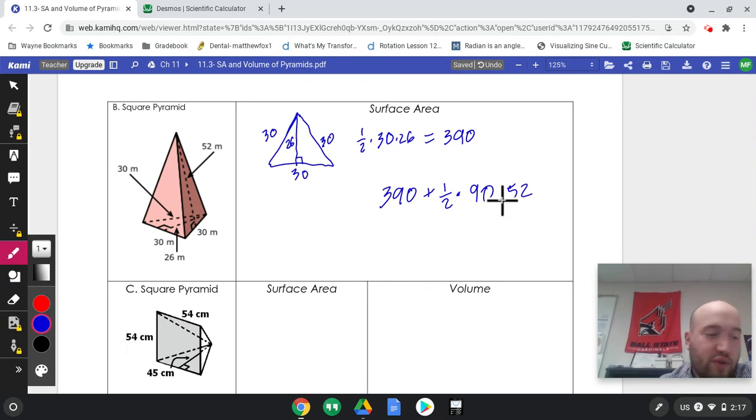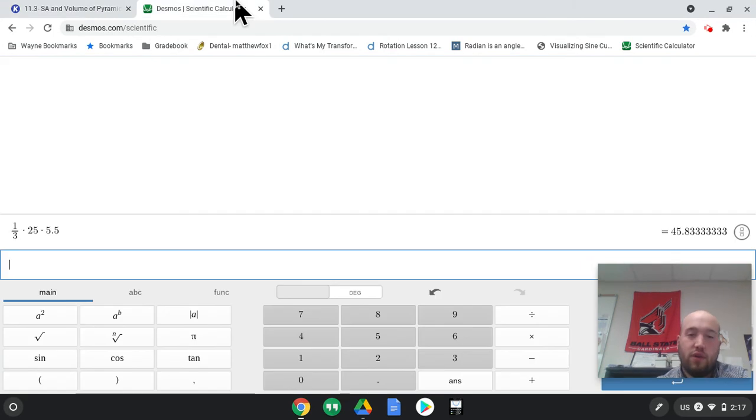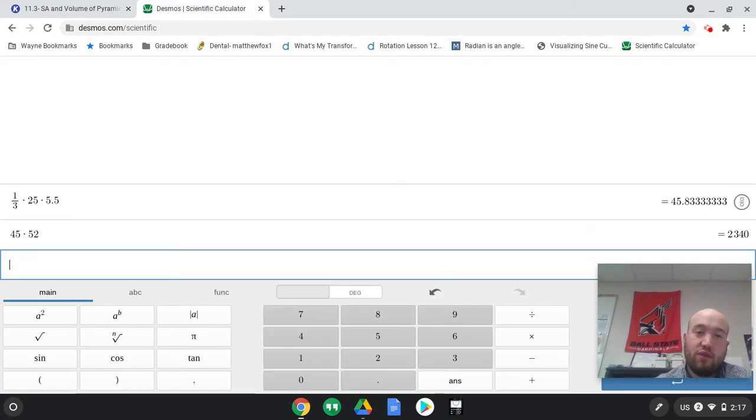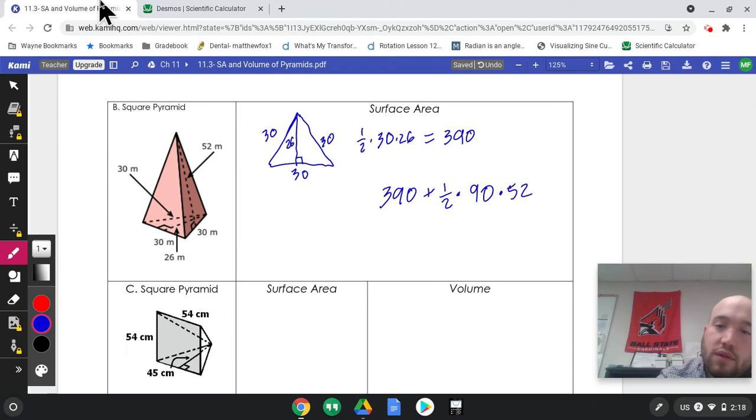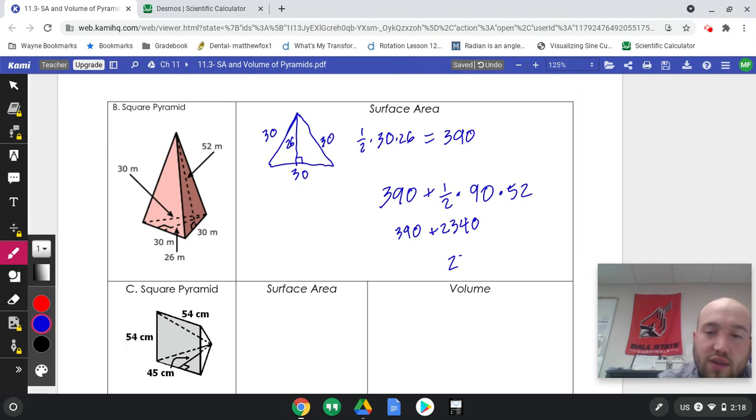So 1/2 times 90, 45, 45 times 52. It's going to be 2,340. So 390 plus 2,340. We add those two together, and we get 2,730. That'll be meters squared.